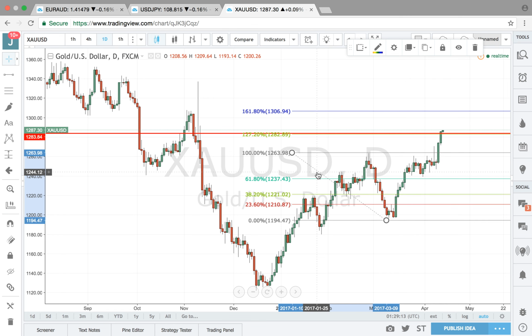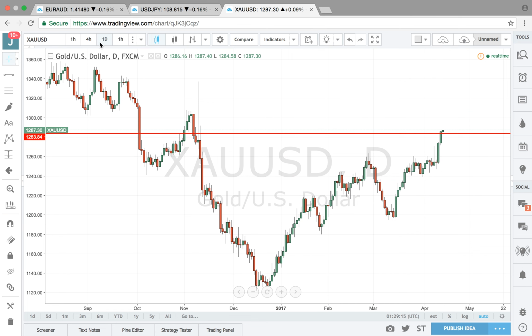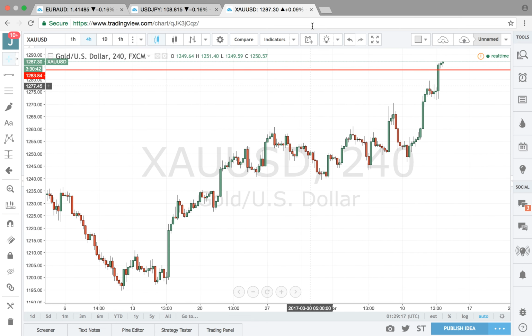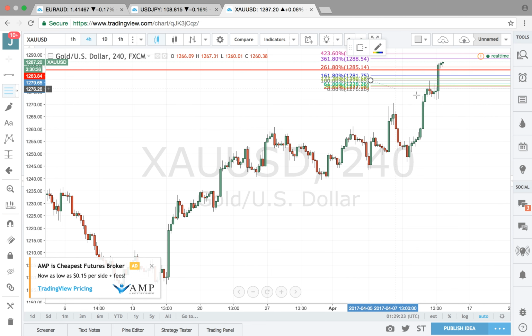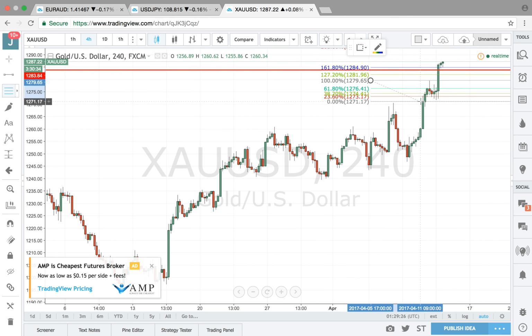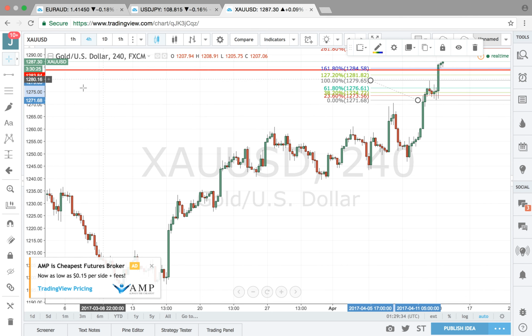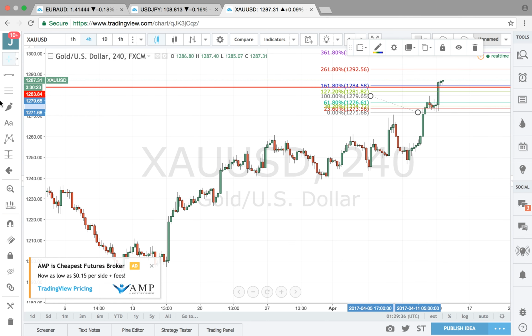So we're going to go to the 4 hour now. So like this 4 hour, so this is the 161.8. So then the next extension level now will be this 261.8.